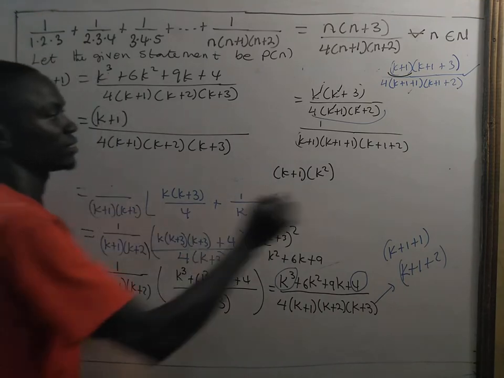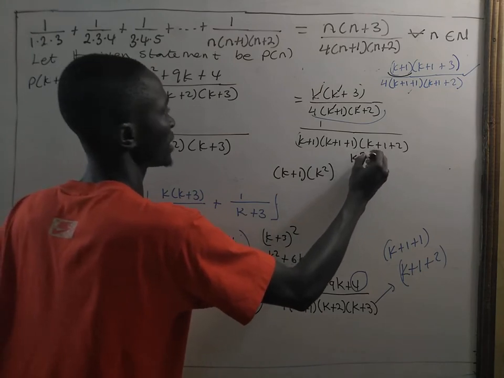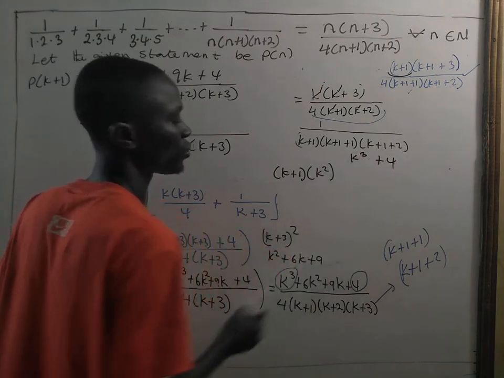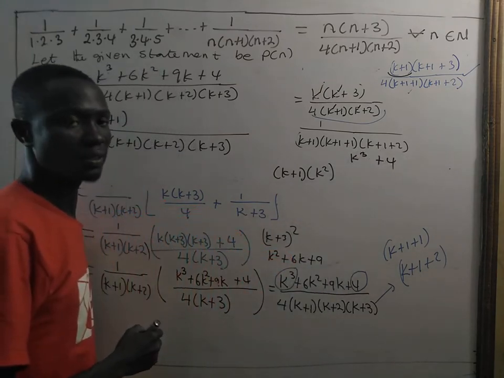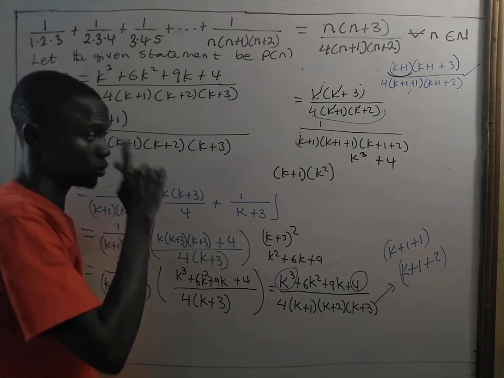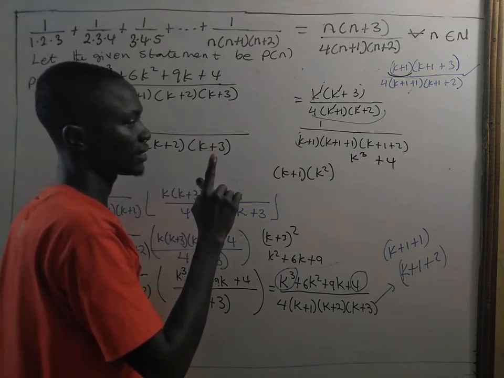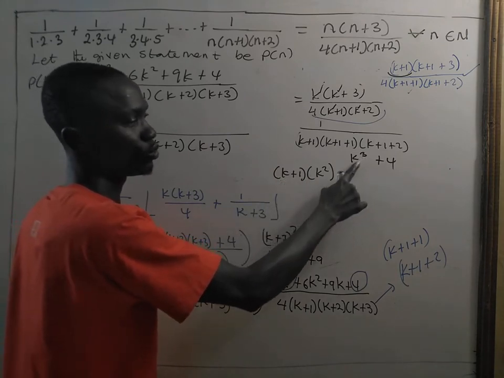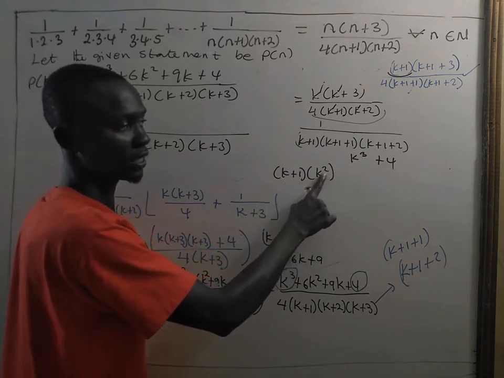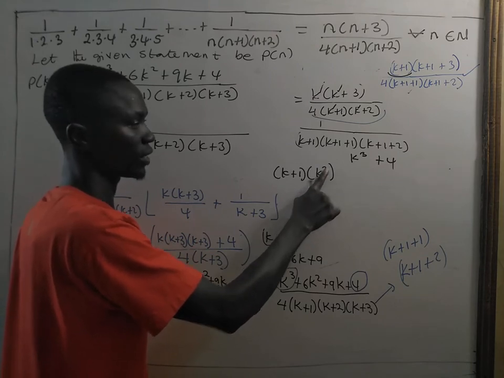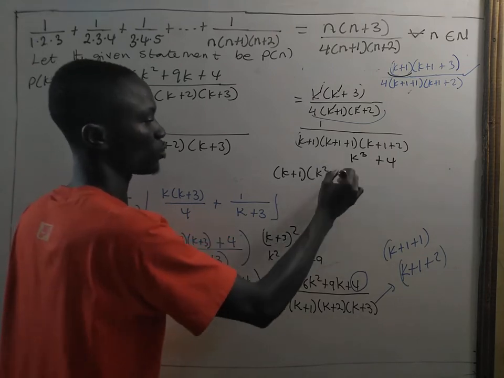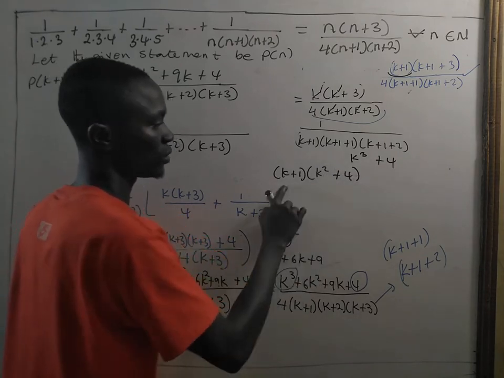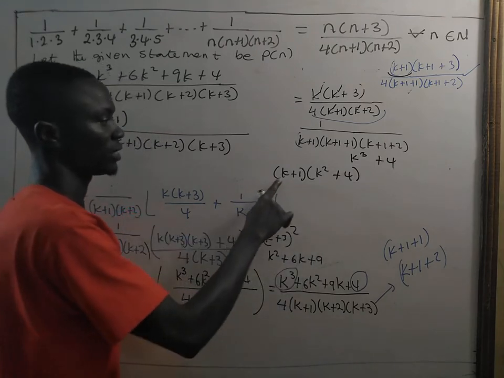We are concentrating on k cube plus the 4, right? And then what we are going to do is that since I need k plus 1 out, I will just reduce this k cube to k squared, right? Correct. And this constant term, let it be there. So I'm going to multiply this so that you see something.